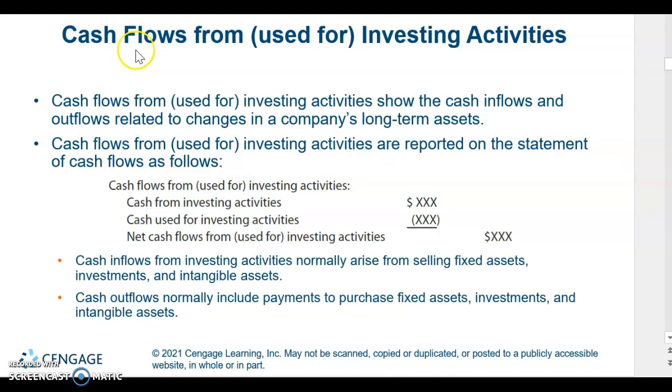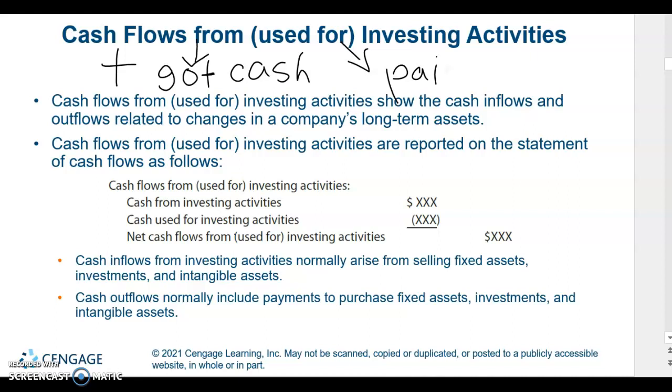Okay, let's look at the cash flows from and used for investing activities section for a minute. When we say from, that is saying that we got cash, so that is an inflow. And used for means that we paid cash, and that is an outflow.